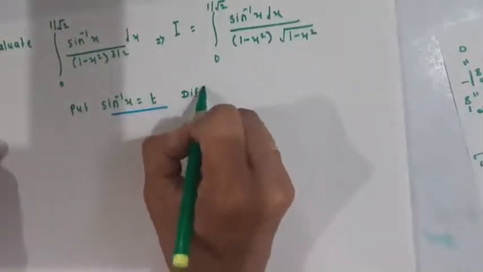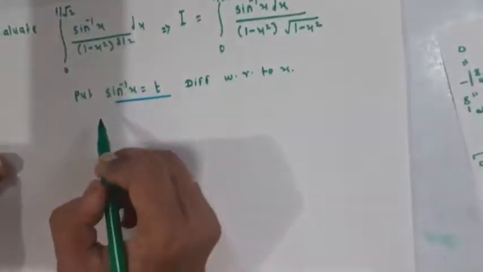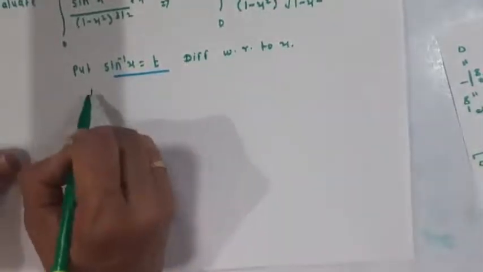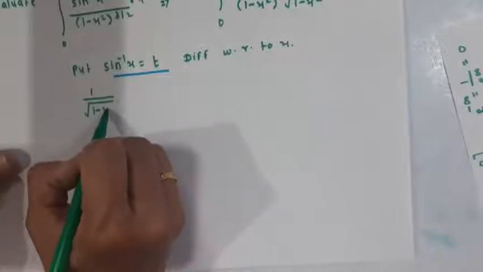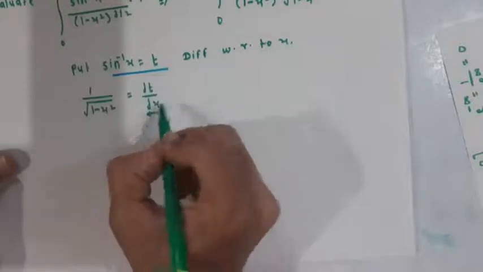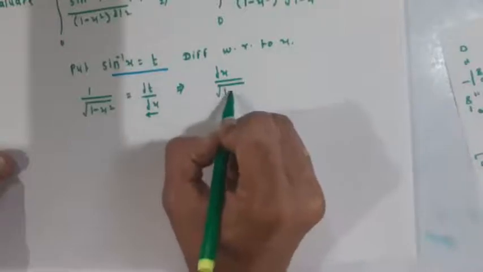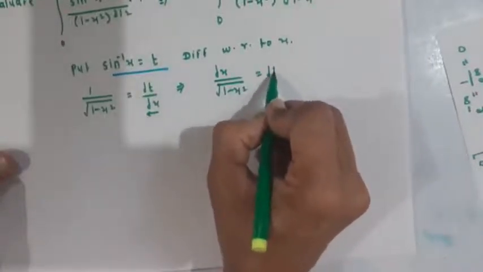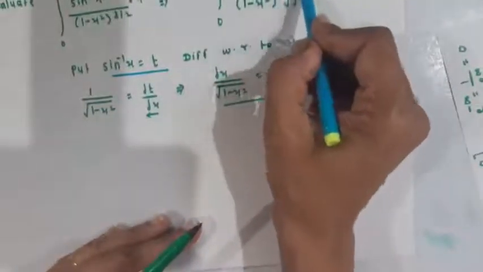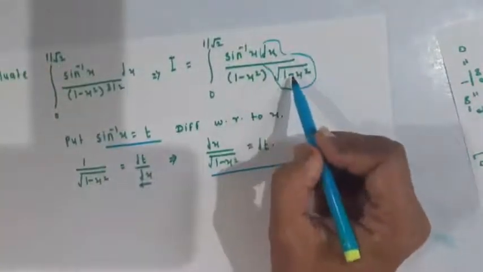We get 1 upon square root of 1 minus x square equal to dt by dx. Shifting the term to that side, we get dx upon square root of 1 minus x square equal to dt.